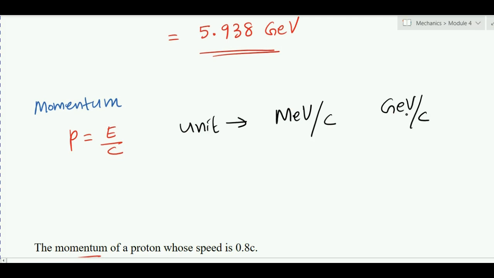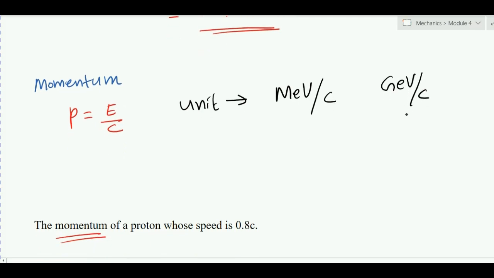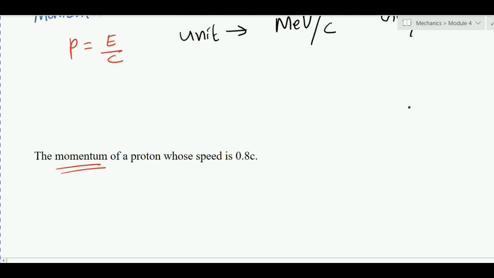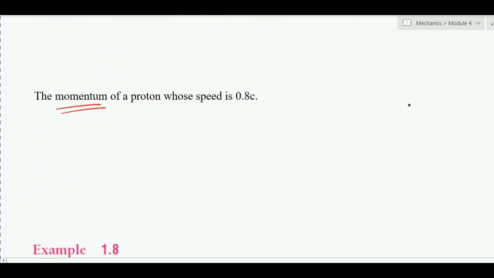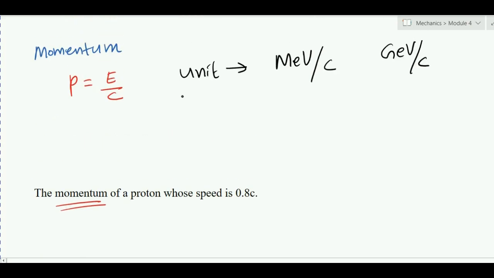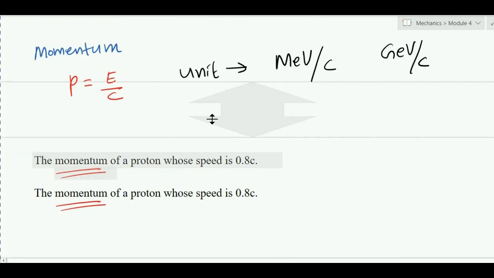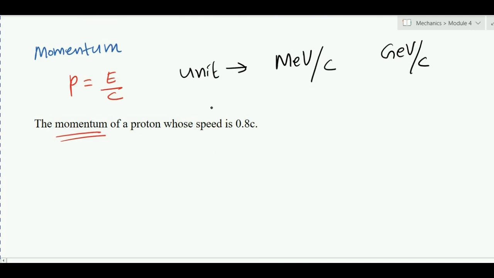Now let us try to write the formula. We have a question here. Let's find out the momentum of a proton whose speed is 0.8 c. We know the expression for relativistic momentum, that is m0v divided by square root of 1 minus v square by c square.